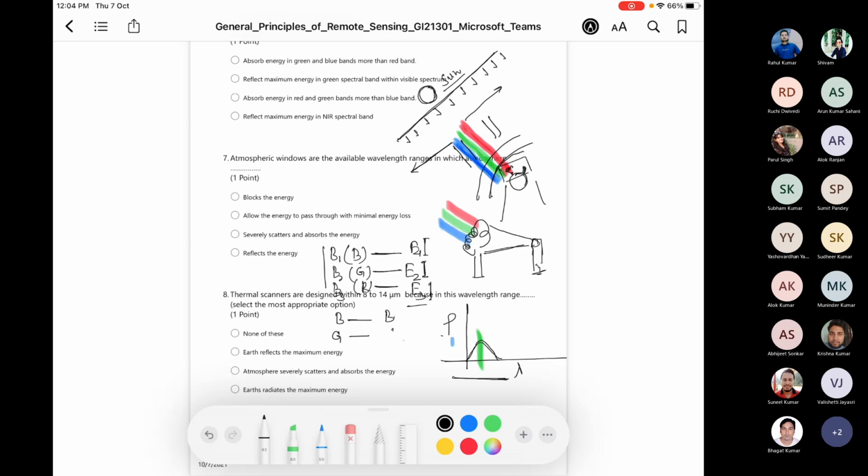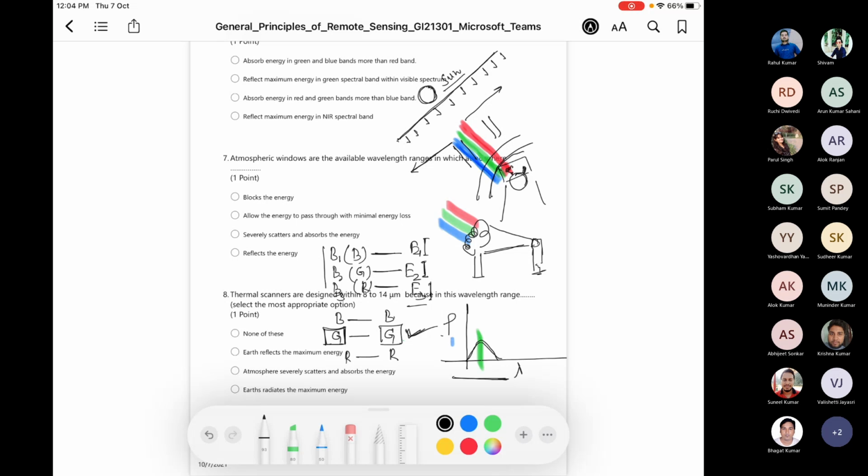For the green band, green color is assigned, and for the red band, red color is assigned. So since the energy in the green band is dominant, green color is dominant, and finally you see vegetation green in color.